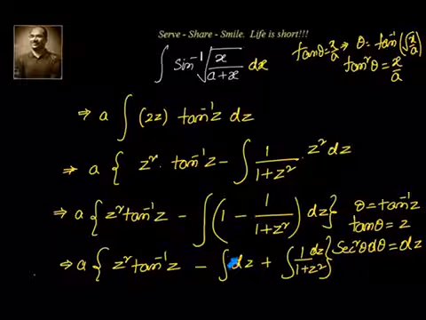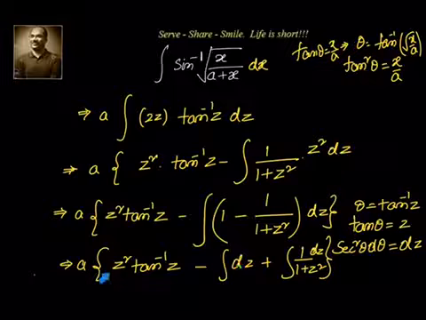So it will be minus dz plus integral of dz by 1 plus z square. We know this is tan inverse z, and we know here we will get minus z. So we are done with the problem.